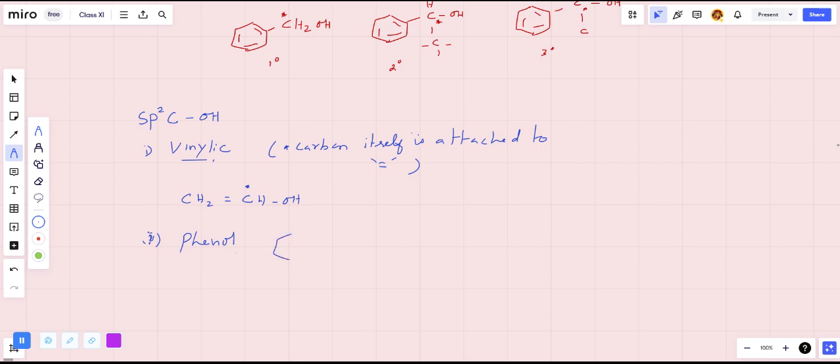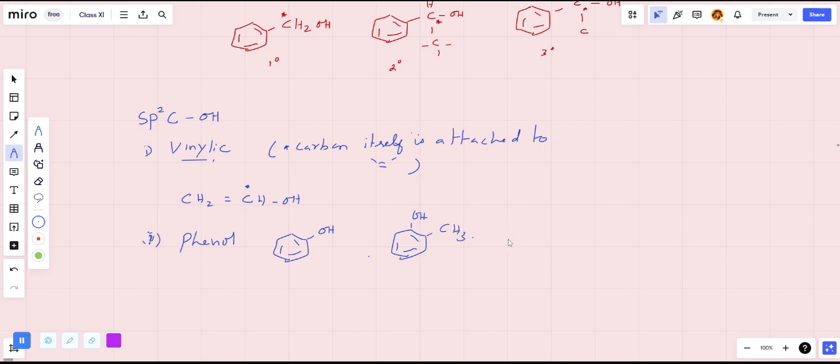Here also the star carbon itself is attached with the double bond. Everything, all the six carbons are sp2. This is phenol. And even in this, it may be like this also, an OH and CH3.